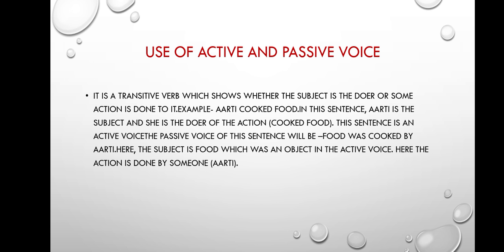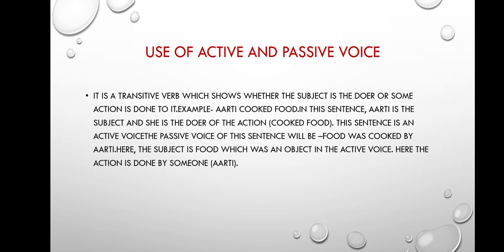While turning active voice into passive, the object of the active voice becomes the subject of the passive voice. So first of all, we need to take the object from the active voice. In the above example, what is the object? Food. So we have taken food as the subject.